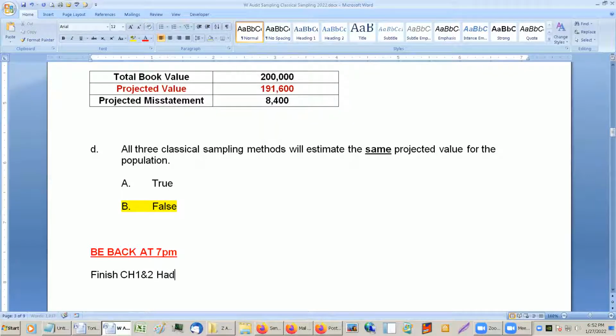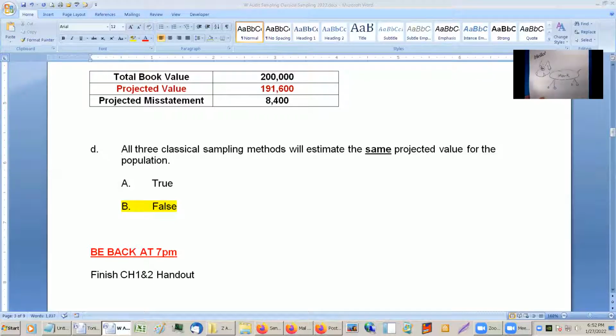Oops. Okay. All right. Straighten out my dog.